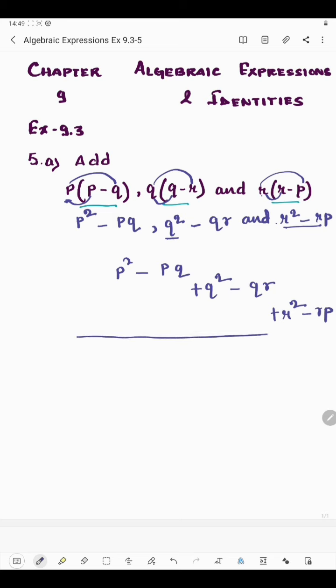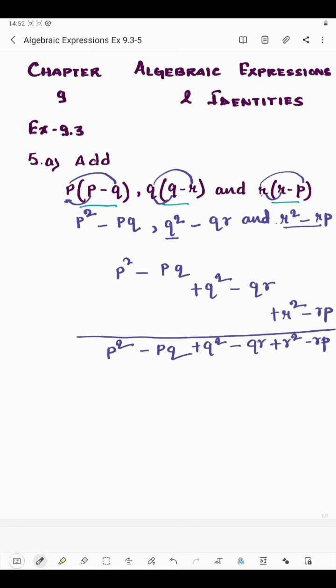Now we will add this all. With rp no number is present, so it will remain the same, minus rp. Then we have plus r square, then minus qr, then plus q square, then minus pq, and at last we have p square.